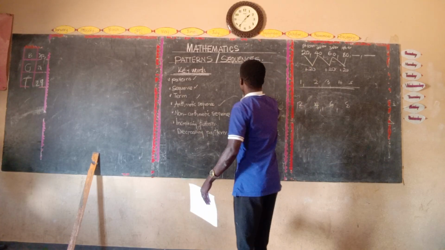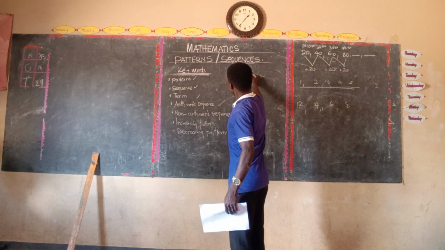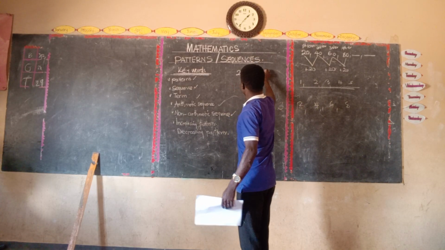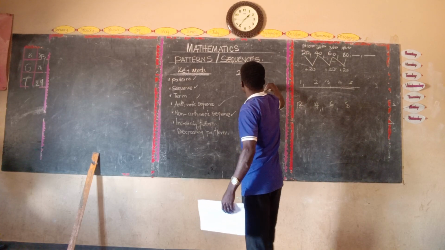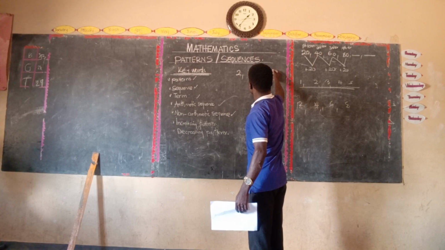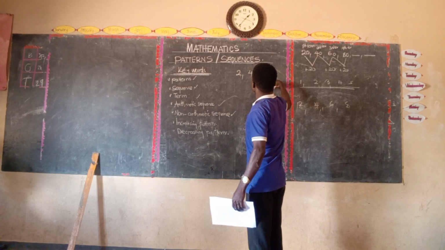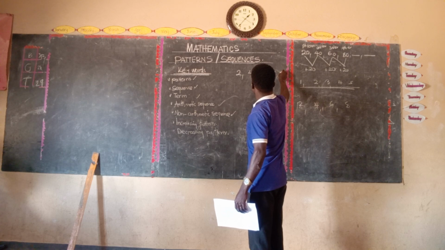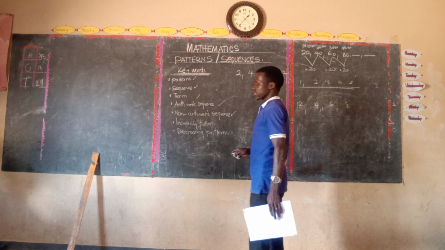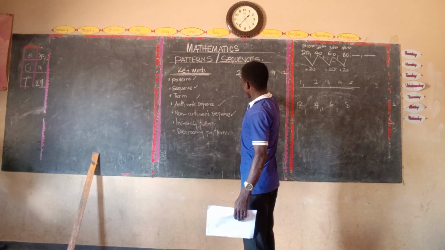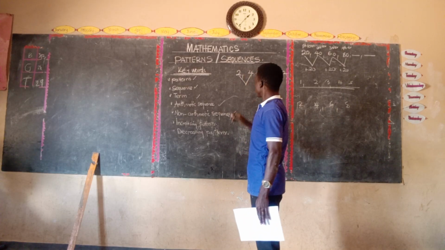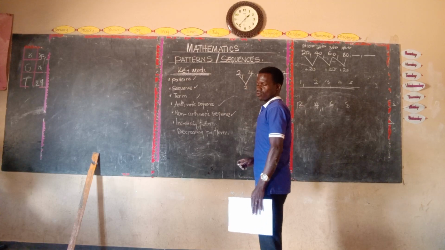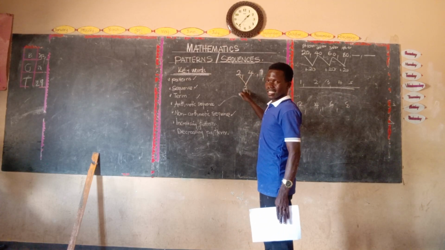For example, let me say I have 2, then 4, then 7, then 9, then here also I have 12. When you look at the relationship here, 2 and 4, the difference is 2.